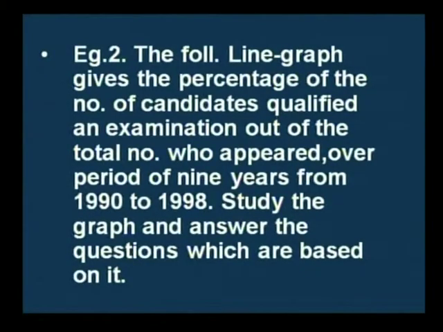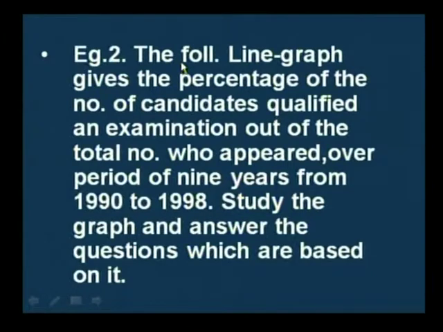So let me take you through the second example here. The following line graph gives the percentage of the number of candidates qualified an examination out of the total number who appeared. So I will repeat the problem, I will read it slowly for you so that you can make a note.